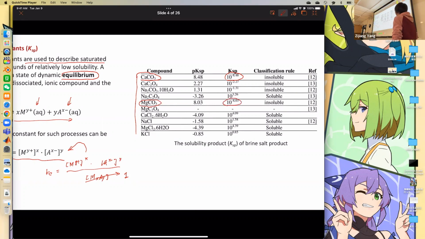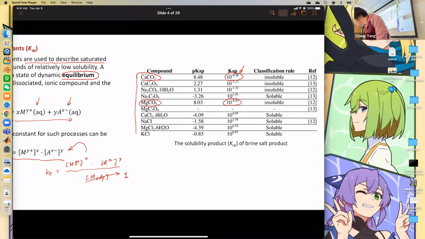Based on the KSP, we can see that the KSP of calcium carbonate is smaller than the KSP of magnesium carbonate. In other words, we would expect that the solubility of calcium carbonate should be smaller than the solubility of magnesium carbonate. So basically, it can tell us the relative solubility of different compounds.